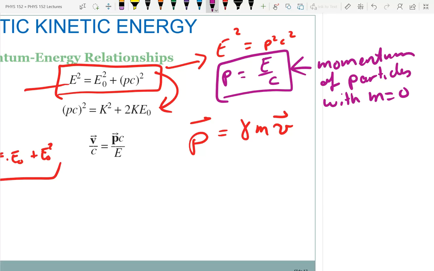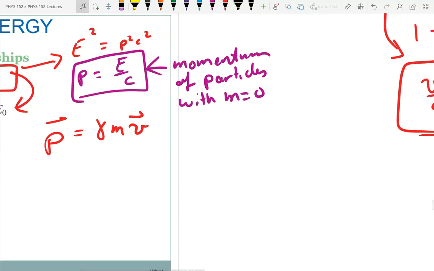What particles have zero mass? I already said it, but just to make sure. There's only one. Photons, particles of light. So for particles of light, the momentum is their energy, which we'll learn is HF, divided by the speed of light.